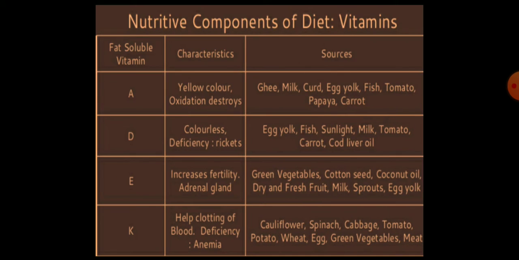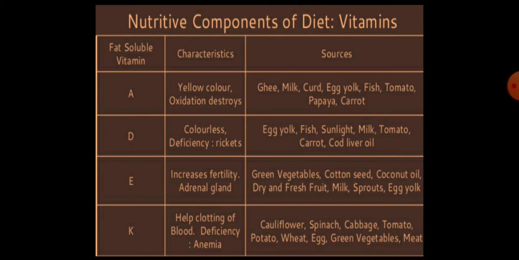Nutritive components of the diet, vitamins. So fat soluble vitamins that we have discussed: vitamin A, vitamin D, vitamin E, and vitamin K. The characteristics are there: yellow color, oxidation destroys. Vitamin D is colorless, and deficiency is rickets.